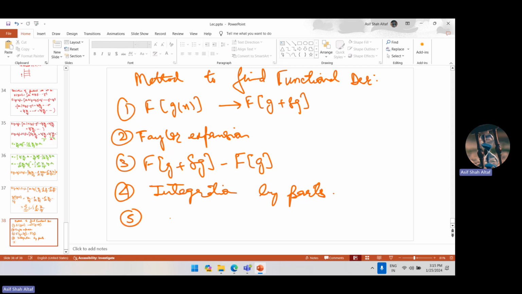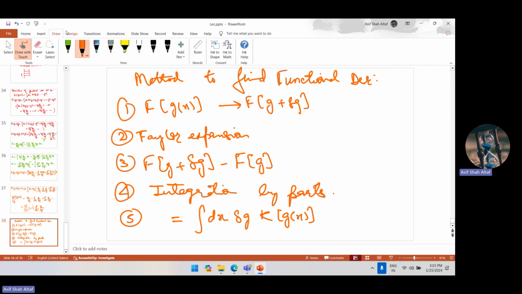And then the fifth is to bring it in the form integral dx delta g and some remaining function, let's call it k of g of x. So then your functional derivative will be this remaining thing, k of g of x. So this is the functional derivative.